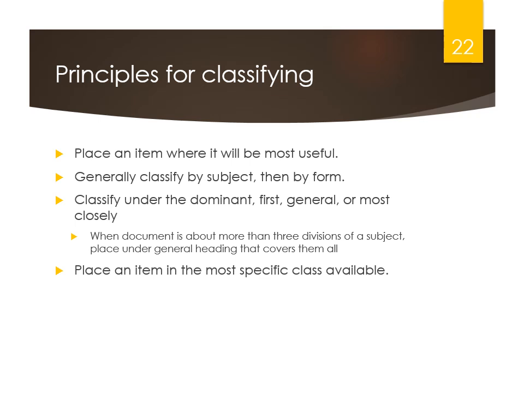Generally, you classify by subject, then by form, and under the dominant subject first, then the general most closely. When a document is about more than three divisions of a subject, you need to place it under a general heading that covers them all. Also place an item in the most specific class available if possible.